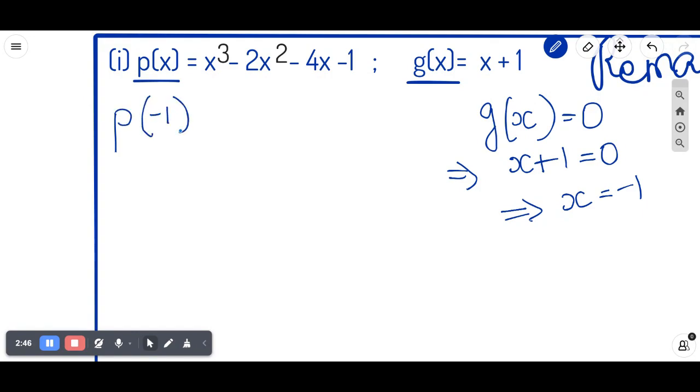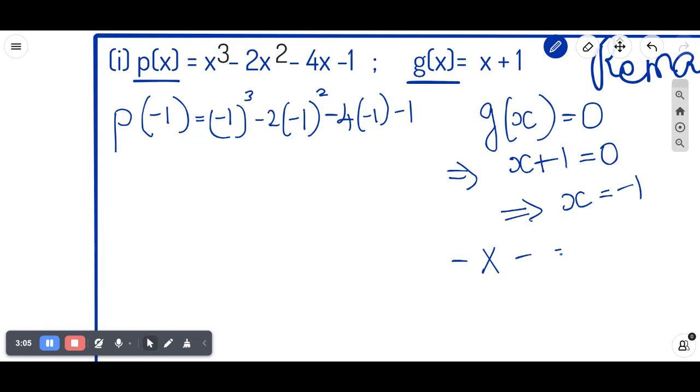So substitute x is equal to minus 1. p of minus 1 is equal to minus 1 the whole cube minus 2 into minus 1 the whole square minus 4 into minus 1 and minus 1. You have to be very thorough with the multiplication steps. Same signs means minus into minus is a plus, and different signs, plus into minus, is a minus.